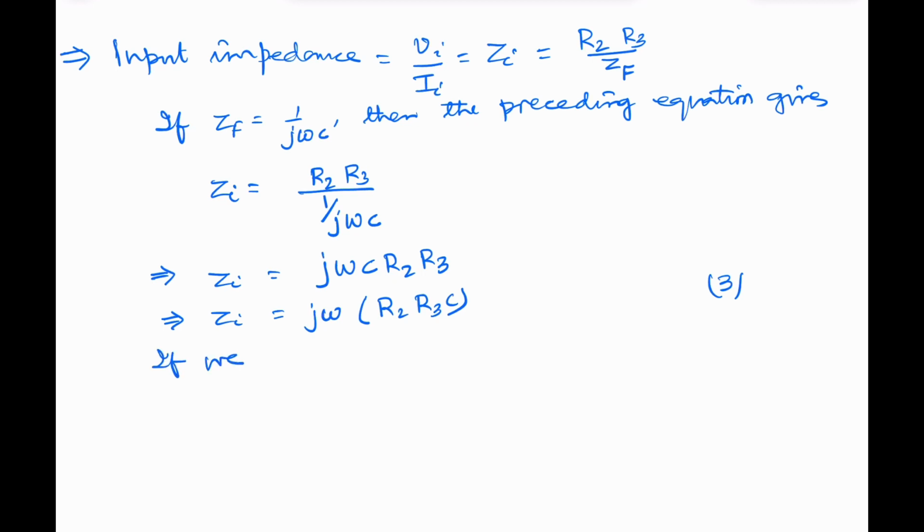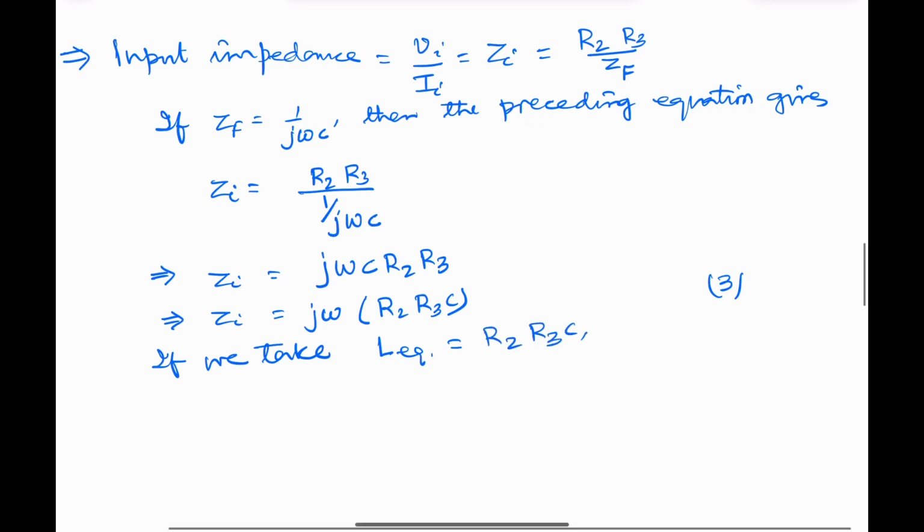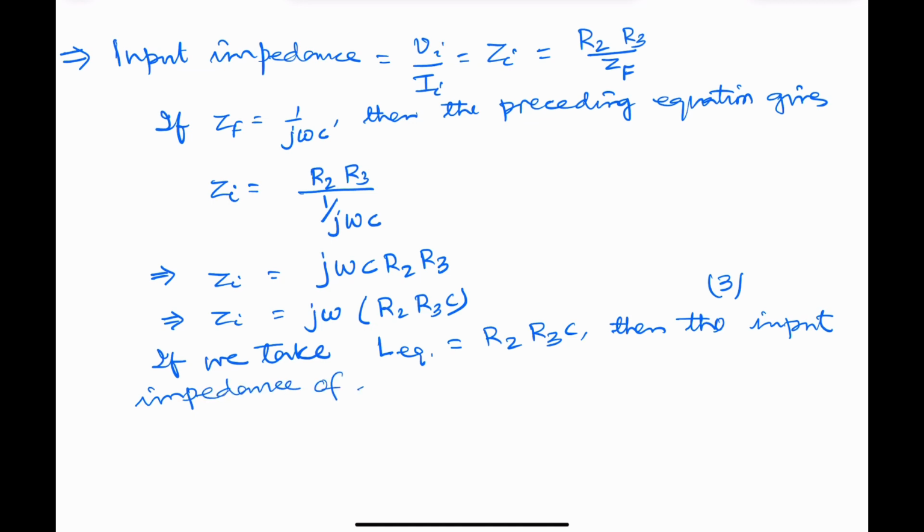So if we take L equivalent is R2 R3C, then the input impedance of the circuit is ZI is j omega L. This is your equation 4.